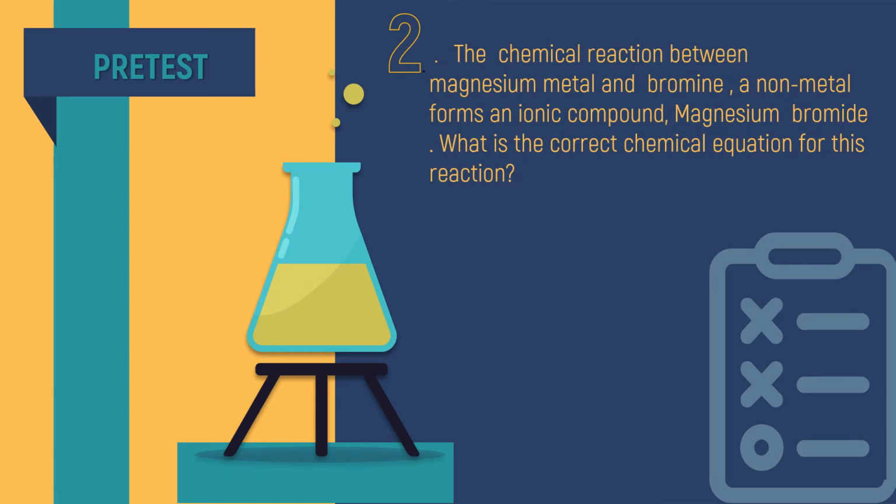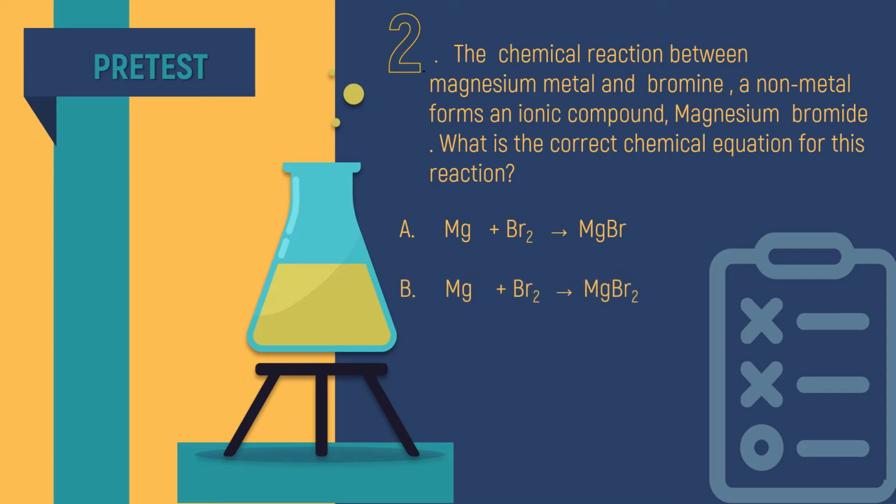Number 2. The chemical reaction between magnesium metal and bromine, a non-metal, forms an ionic compound, magnesium bromide. What is the correct chemical equation for this reaction? A. Mg plus Br2 producing MgBr.